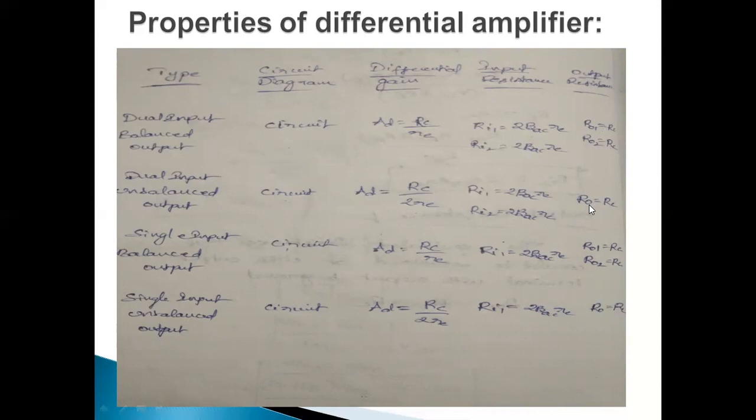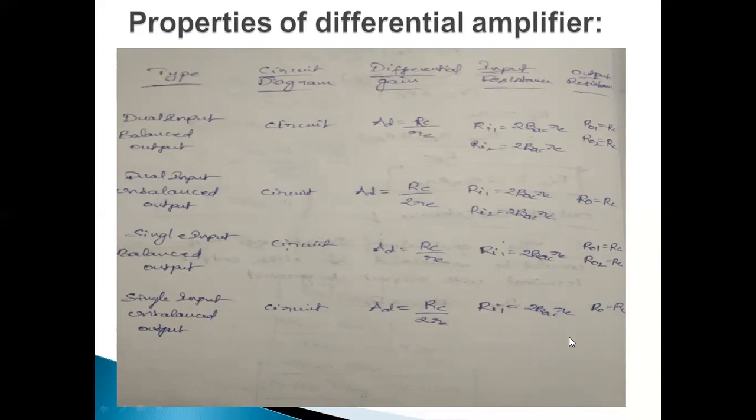So that means we have only one output resistance, that is R0 equal to RC. For the single input balanced output configuration, we are taking the output between two collectors, so we have two output resistances, that is RO1 is equal to RC, RO2 is equal to RC.